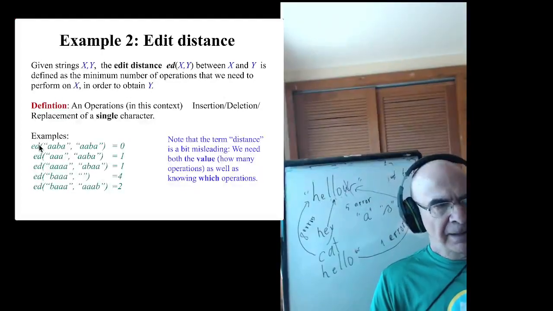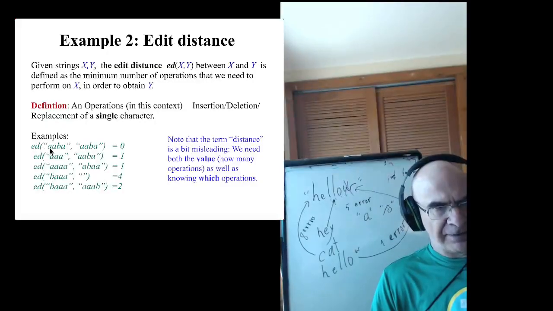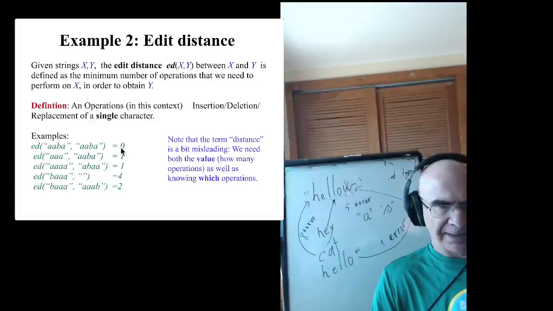And I'm asking, what is the edit distance, ED, that takes me from AABA into AABA? If I started from one word and end in exactly the same word, then nothing needs to be replaced, deleted, or inserted, so the distance is 0, obviously.